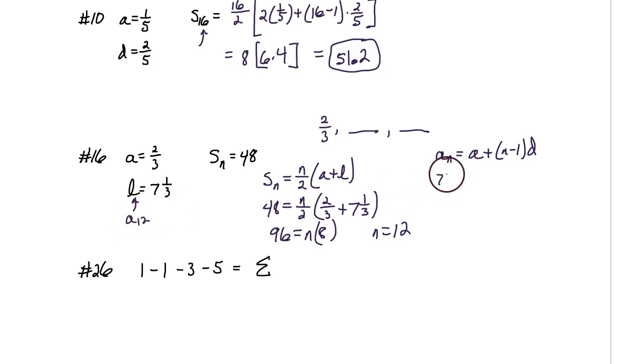So let's use 7 1/3 in place of a sub n, realizing that means we're putting a 12 for n. This will allow us to figure out what d is. So subtract 2/3 from both sides, we get 6 2/3 is equal to 11d. Now divide by 11 on both sides. And the result is 20/33.